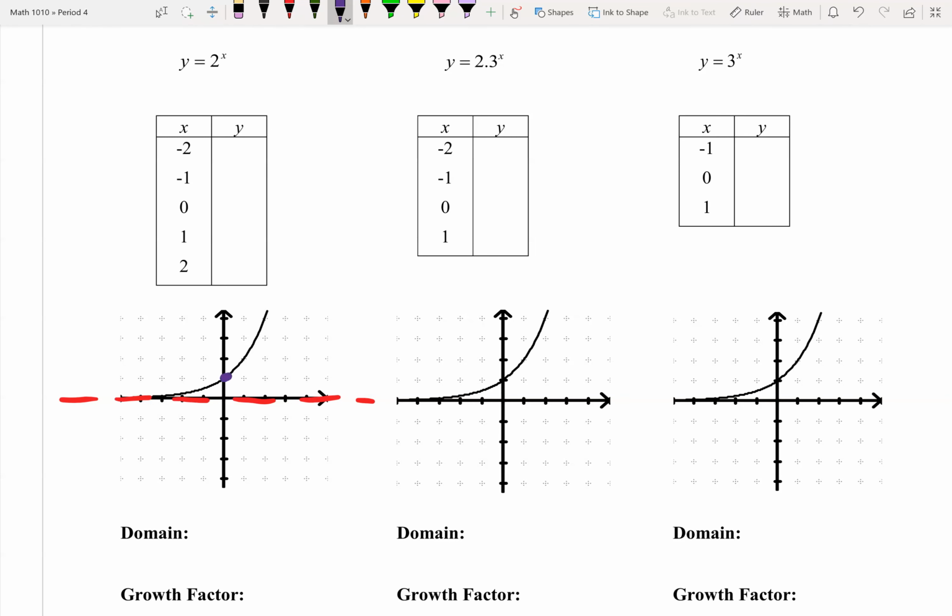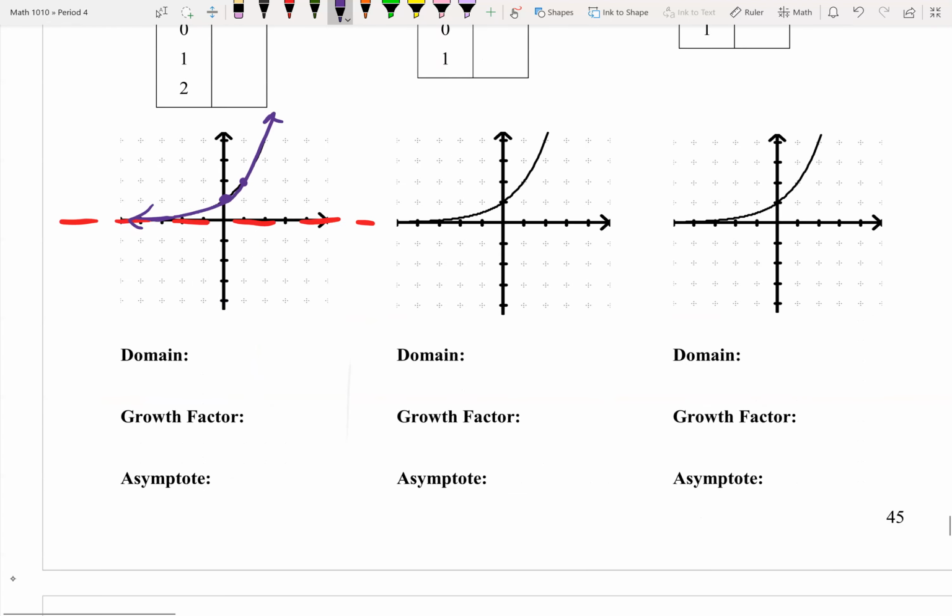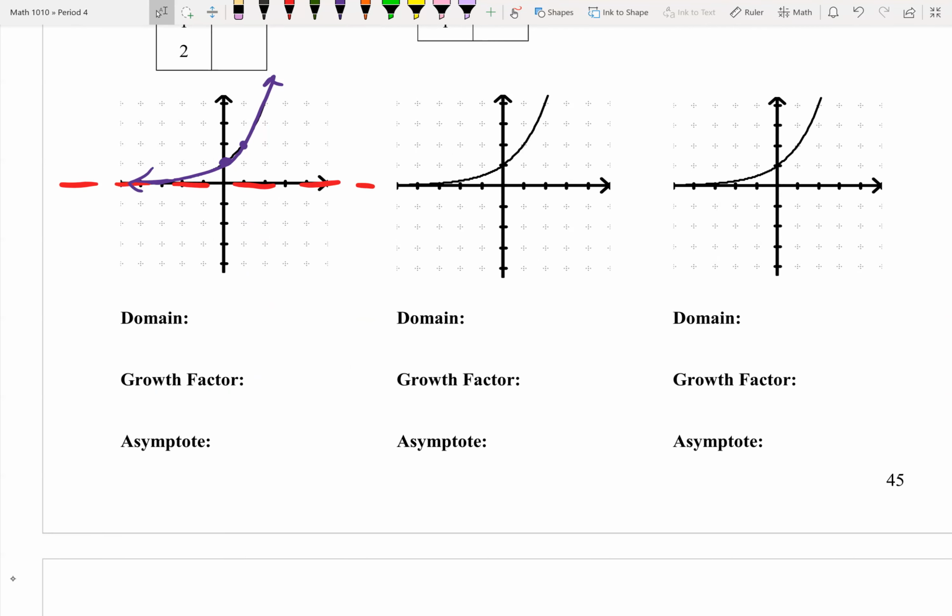So everybody go up to 0, 1, make a dot, and then go back to the origin. My base is a 2. So from that origin, if I go right 1, I go up 2. So this is the only graph where that is correct. That's really the graph.